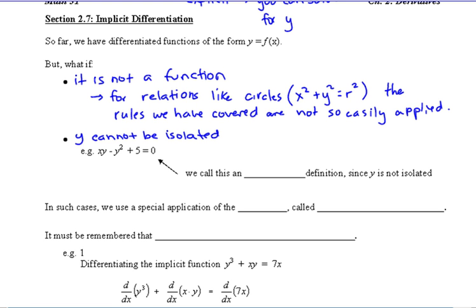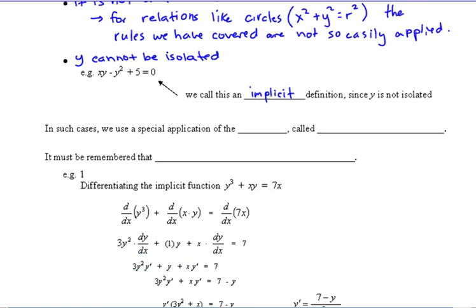It's not a function. So we call this an implicit definition since y is not isolated. So far we've only been dealing with explicit functions. Now we're going to deal with implicit. It's called implicit differentiation. It's a tongue twister. Say it really fast, 5 times. Implicit differentiation. Oh, it's actually not so bad.